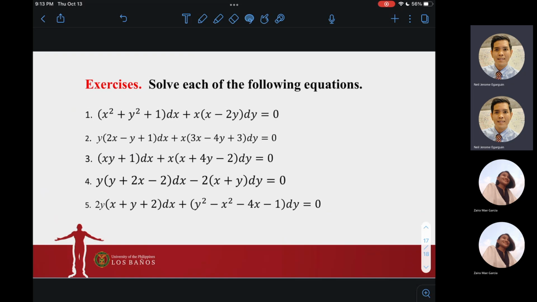Replay na tong number 1. Nasaan na siya? Nasa examples na siya. Zaira, gusto mo ba magpa-homework about this? Or yung sa next slide na? Or next slideshow na?